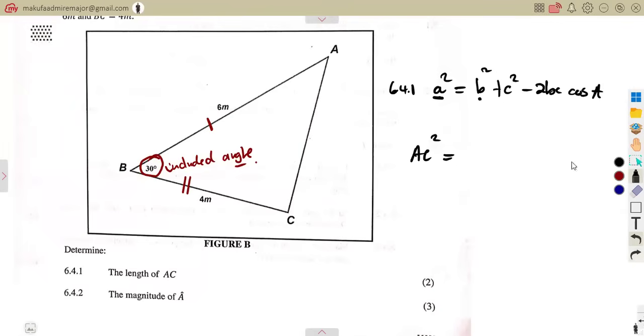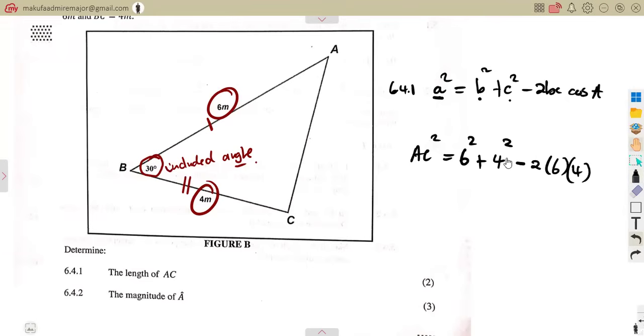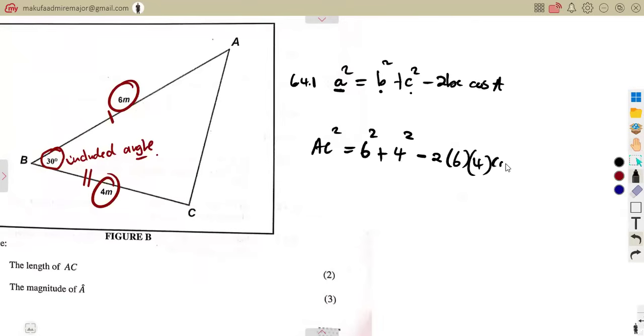The B and the C simply mean the sides creating the angle that is given. So we've got a 6 and the 4. So you're going to subtract again, minus 2 times 6 times 4 times the cos of A. It simply means the included angle, the angle that you're given in between.